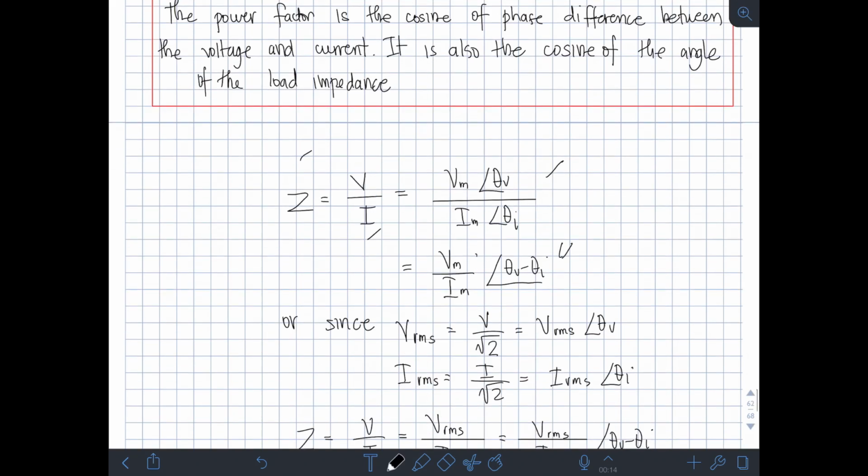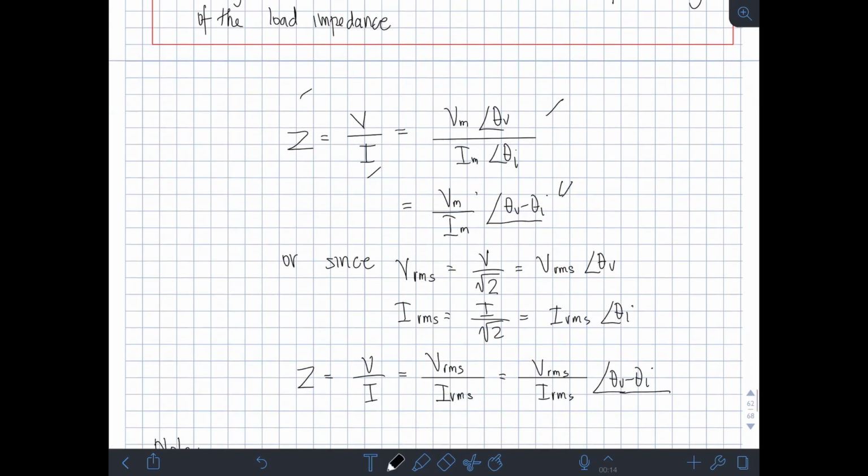Or since VRMS is equal to V over square root of 2, or VRMS angle theta V, IRMS is equal to I over square root of 2, or IRMS angle theta I, pwede nating i-write itong impedance Z is equal to V over I is equal to VRMS over IRMS angle theta V minus theta I. So, in terms of RMS voltage at current, ito yung other formula natin for the impedance.